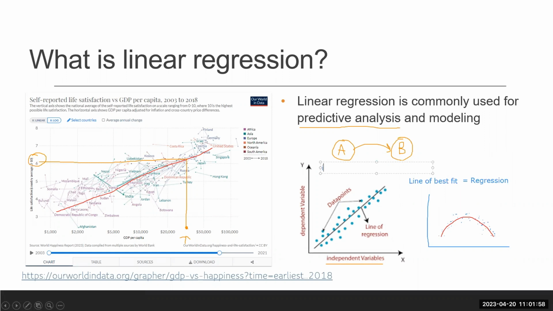So A is the independent variable, and B is the dependent variable, because B depends upon A, or B is impacted, influenced, or affected by A. For example, I guess we could say that your GPA is the dependent variable, and the number of hours that you spend studying is the independent variable. So your GPA is impacted or affected by the number of hours that you study.